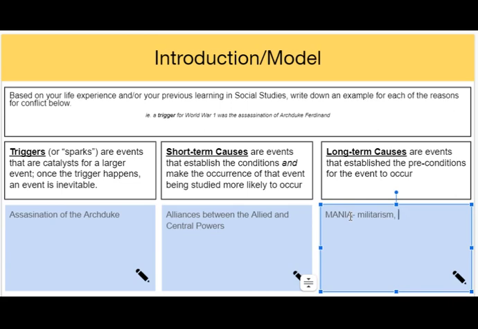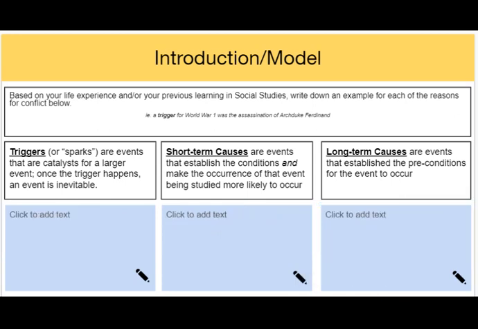A is the alliances. Ignore that because I put them more at short-term. Nationalism, imperialism. And I'm going to leave the A out because that's the assassination of Archduke Franz Ferdinand. So that's how, let's say you did it last year for global and World War I, right?